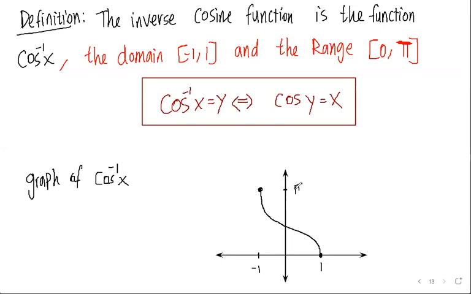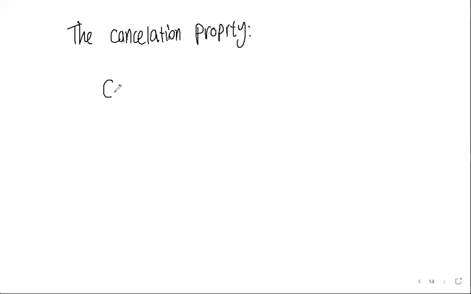Same thing for the cancellation properties. The cancellation property says cosine of cosine inverse of x is x, where x belongs to the domain of cosine inverse, which is from -1 to 1.